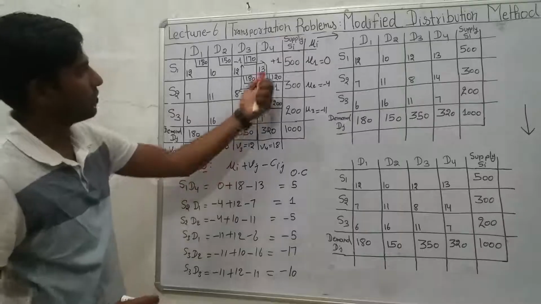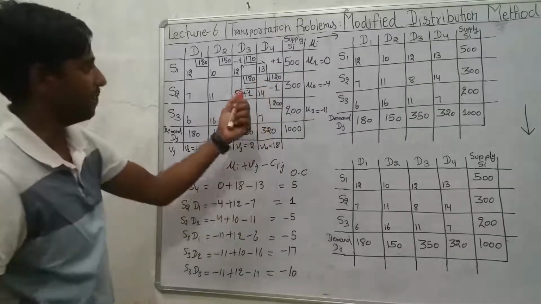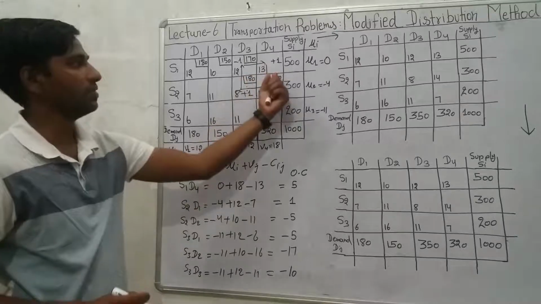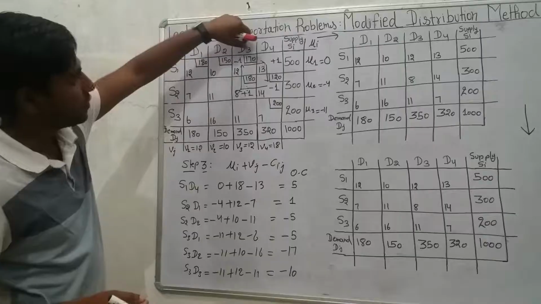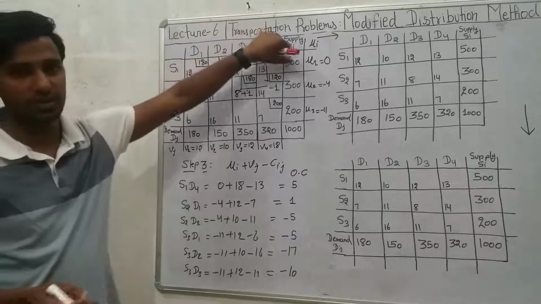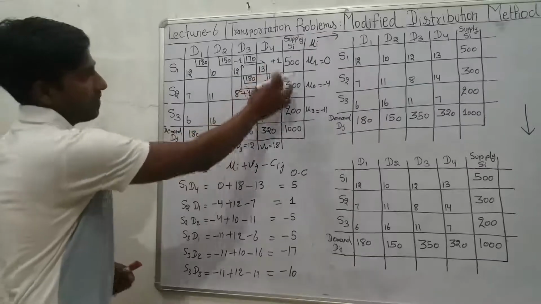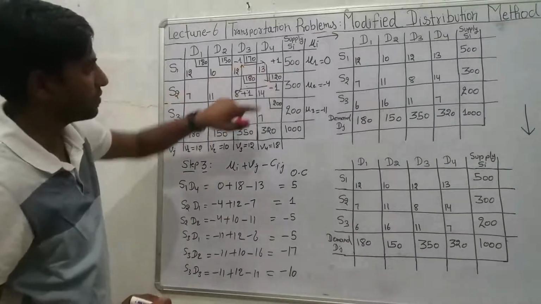So this is the most efficient route, or it is going to bring us the best results if we adopt this route. So we would try to utilize the maximum potential of this route. And what is the maximum potential of this route?